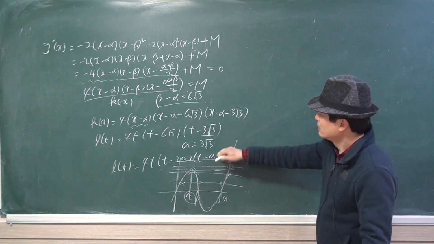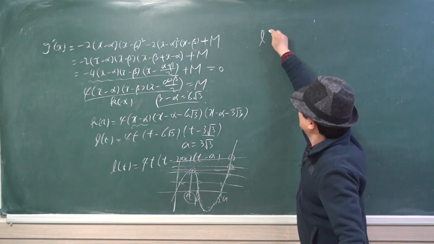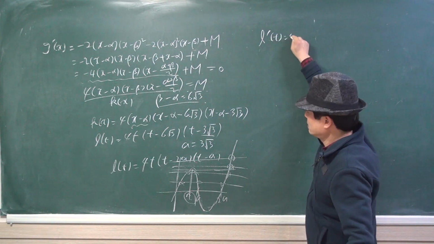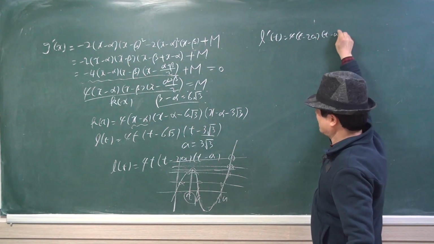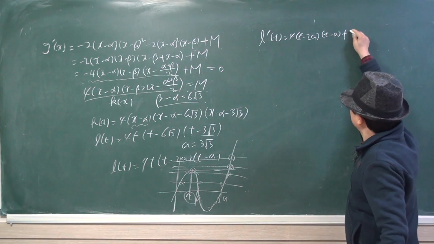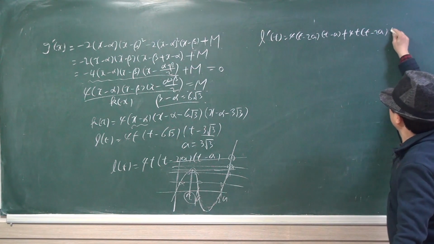To do that, differentiate L(t) again, and L prime t equals 4(t minus 2a)(t minus a) plus 4t(t minus a) plus 4t(t minus 2a).